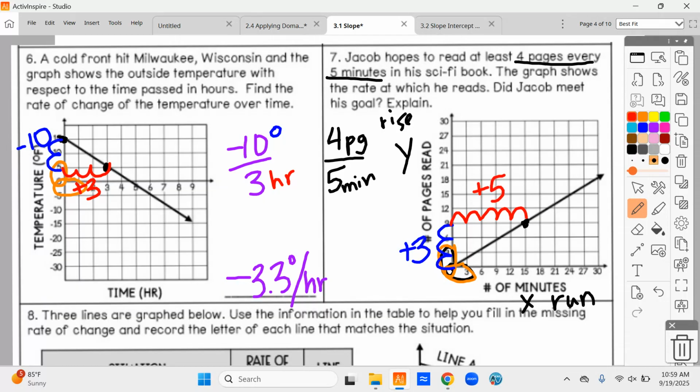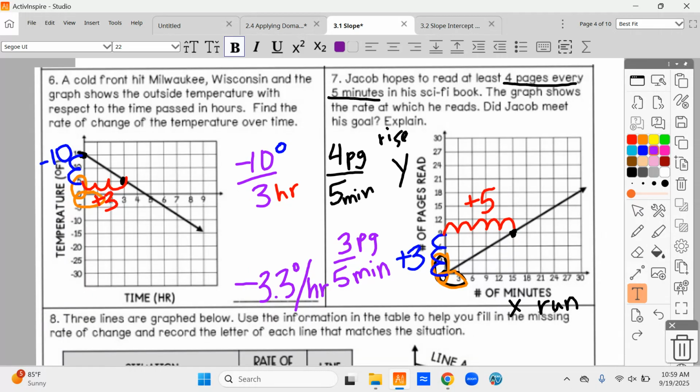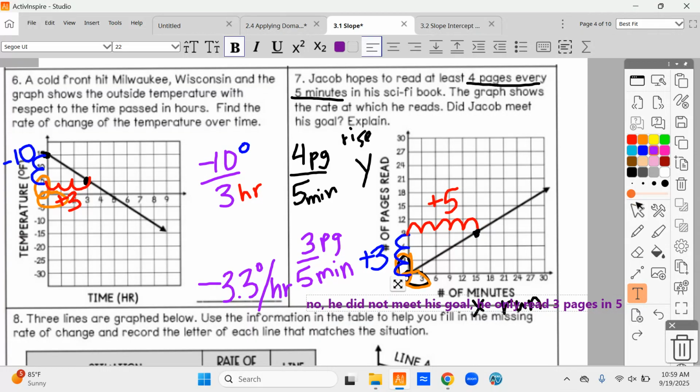So his actual rate of change is 3 over 5. So he read 3 pages in 5 minutes. So we could say, no, he did not meet his goal. He only read 3 pages in 5 minutes. Better luck next time, right, Jacob?